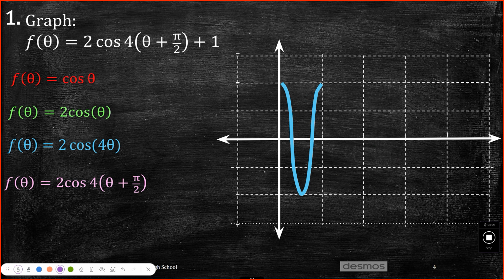I would say, we did this 1,000 times last semester, and if you don't understand that, I cannot help you. It does the opposite of what you think it would do. X or theta plus pi by 2 is because it's going to go to the left by pi by 2, yes? So if this is 0 radians, then what is this? Negative pi by 2 radians, yes?